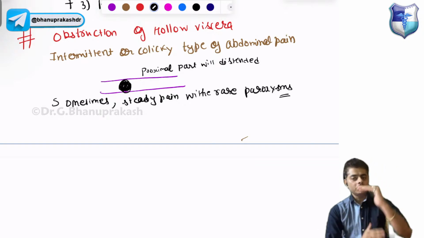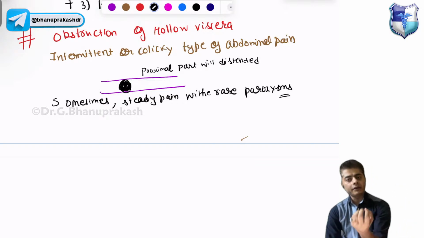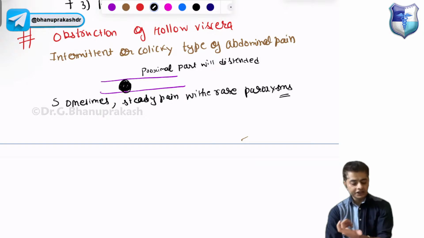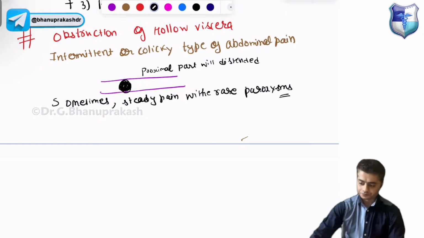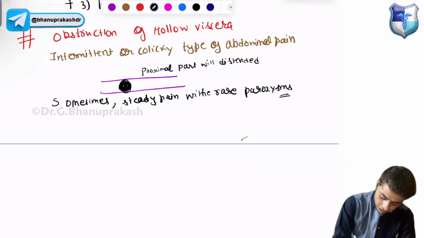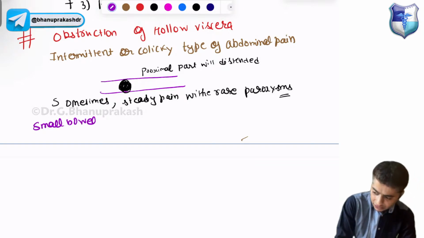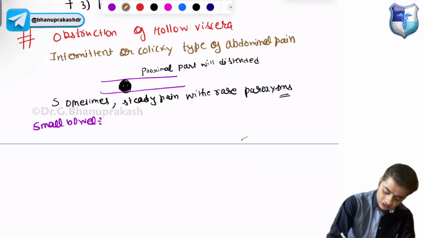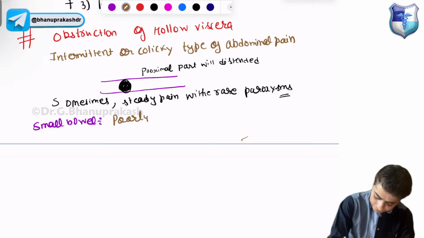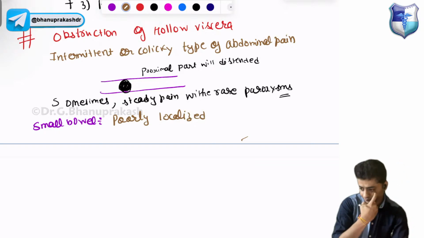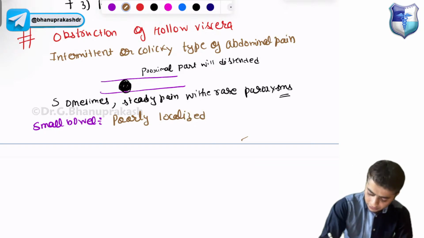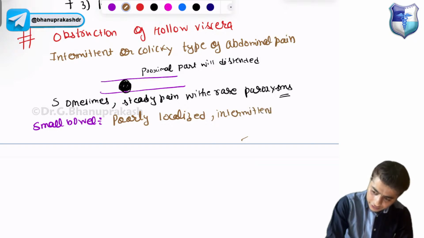Initially they give a colicky type of pain, and after some time, due to distension of the proximal part, the pain converts into a steady type of pain due to the visceral peritoneum. Now, small bowel: in the small bowel, the pain is poorly localized, and it is intermittent.